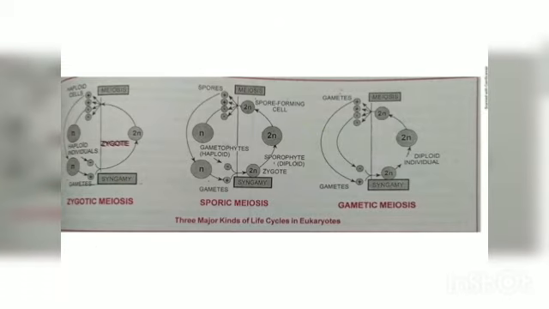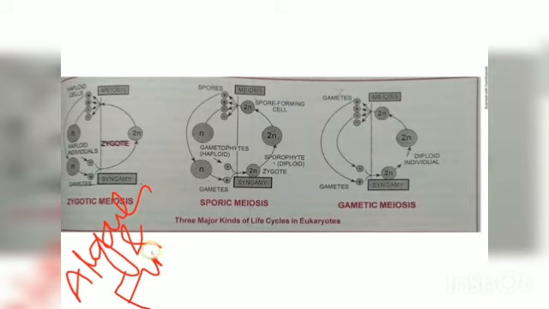Syngamy means fertilization or fusion of gametes. So this meiosis occurs in the diploid zygotic nucleus in case of most algae and fungi. Since it occurs in the zygotic stage, such type of meiosis is called zygotic meiosis.